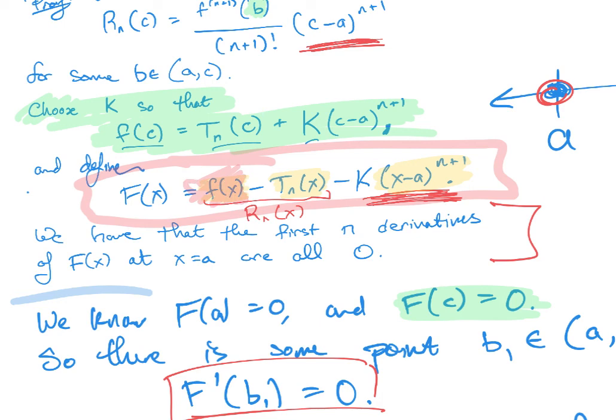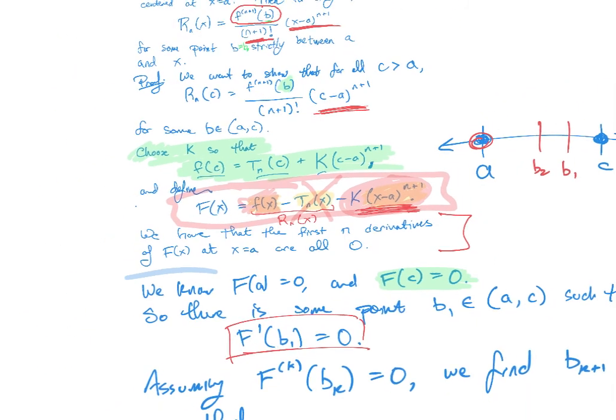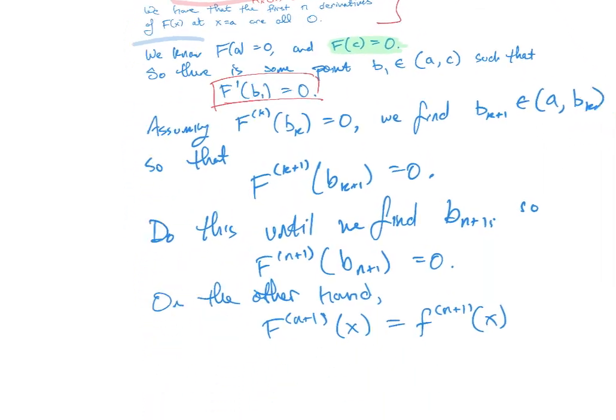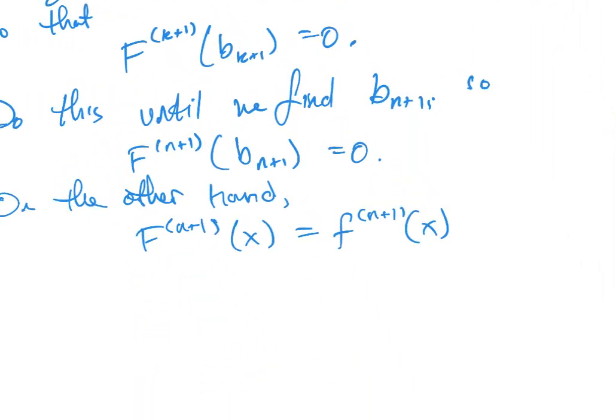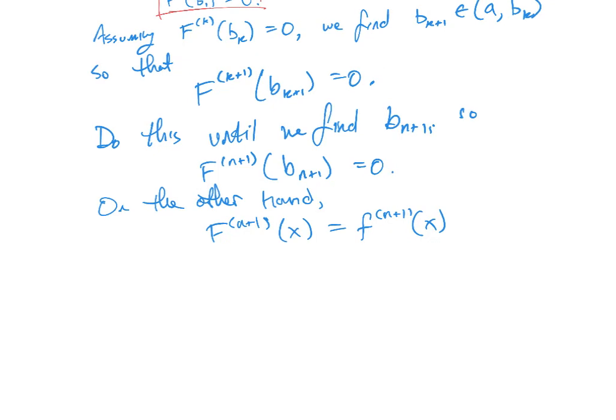The Taylor polynomial does not have an n plus first derivative. I mean, it's 0 because it's a polynomial of degree n. And then you can see the n plus first derivative here will be this capital K times n plus 1 factorial. Okay, let's see if I got this right. Oh, right, the x minus a goes away. Yes.